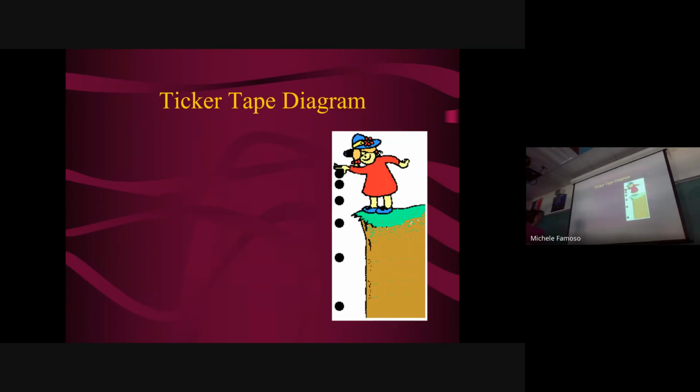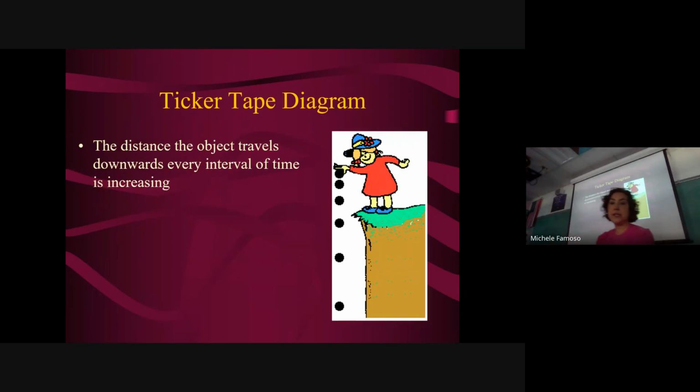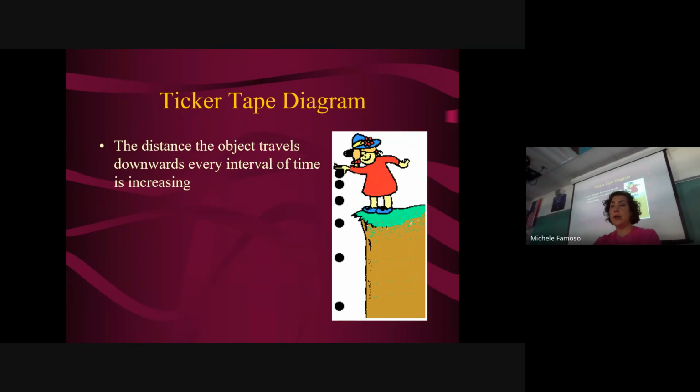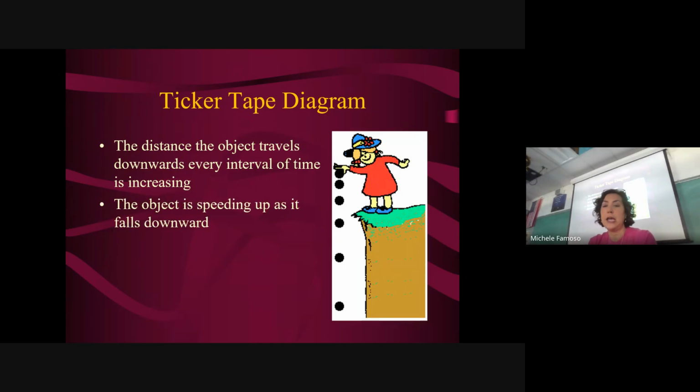What does that indicate? It indicates that it is speeding up in the downward direction. So we see that the distance traveled every second increases in that downward direction, which indicates that we are speeding up as we fall.